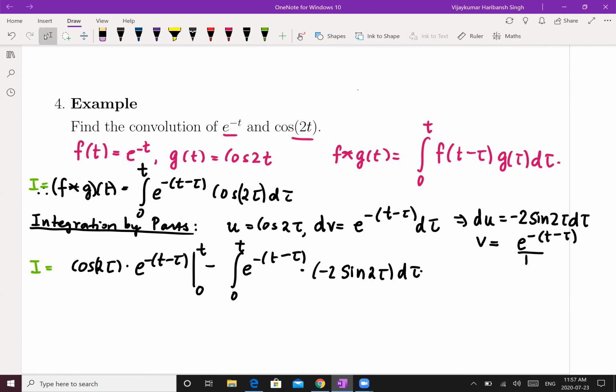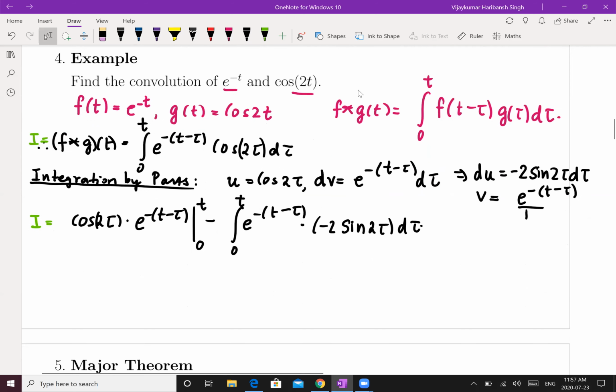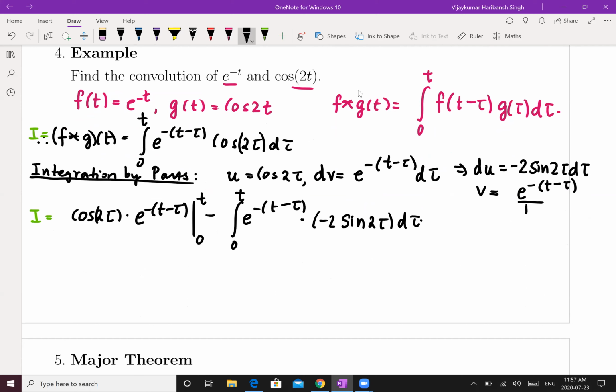So let's put in the upper limit and the lower limit. When you put the upper limit, you get cos of 2t and e to the power minus t minus t, so e to the power 0, which is 1.